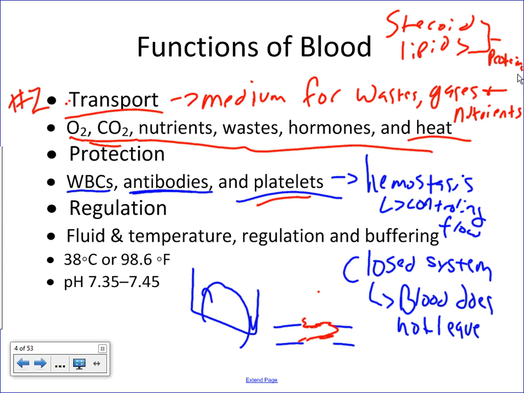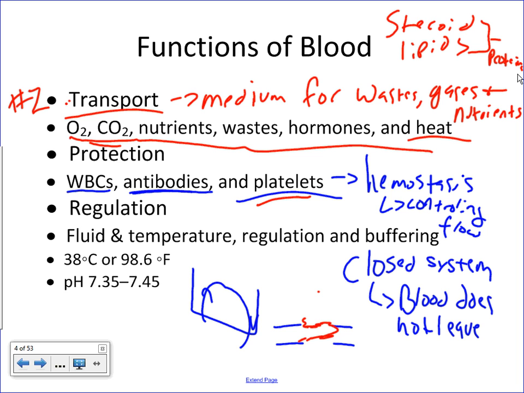And regulation: blood plays a very important role in regulation, as we mentioned earlier. The thermal regulatory aspects of blood, the regulation of pH. There are a lot of buffers found in blood that allow us to compensate for changes in pH, plus fluid levels.